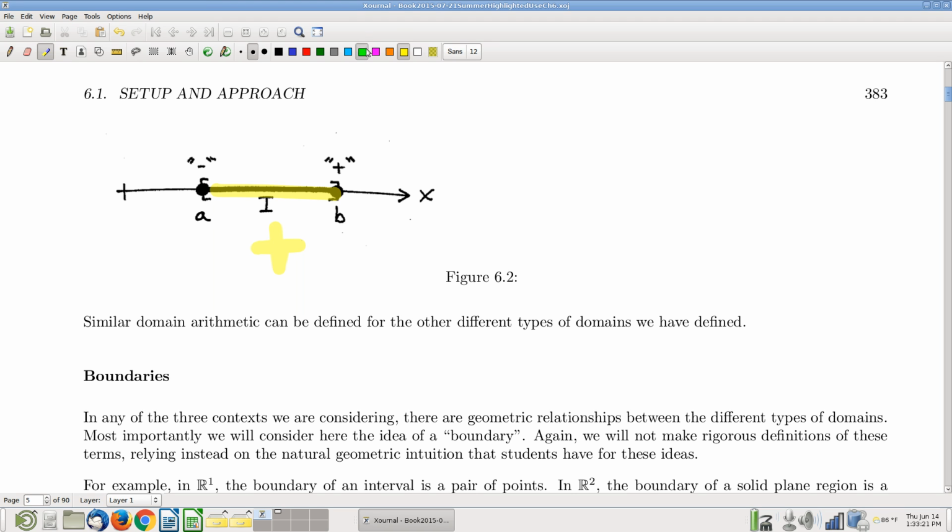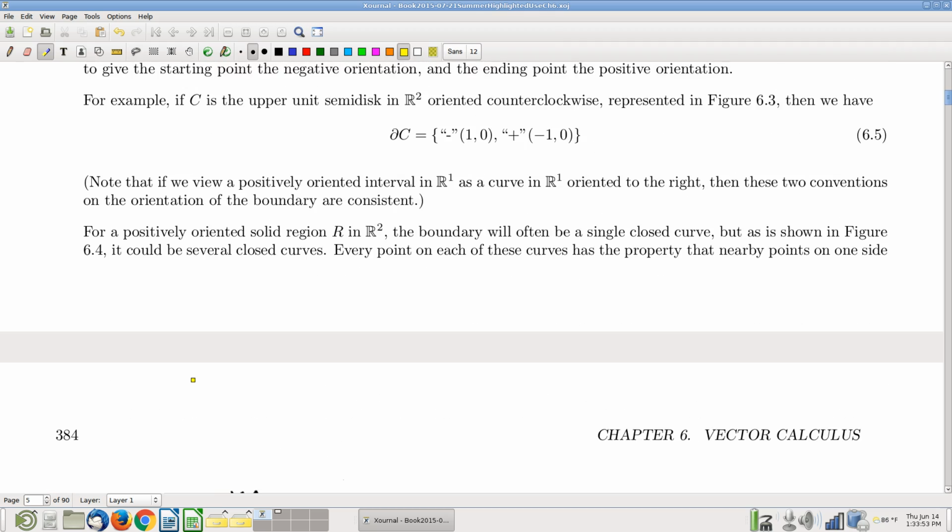The choice is that the starting point is always negatively oriented, and the ending point is always positively oriented. We make this choice because if we do, then great things happen. Again, all we're doing is making a definition of what we mean by this word boundary. All right? Everybody on board? This is a convention that we're going to make, etc., for other cases.